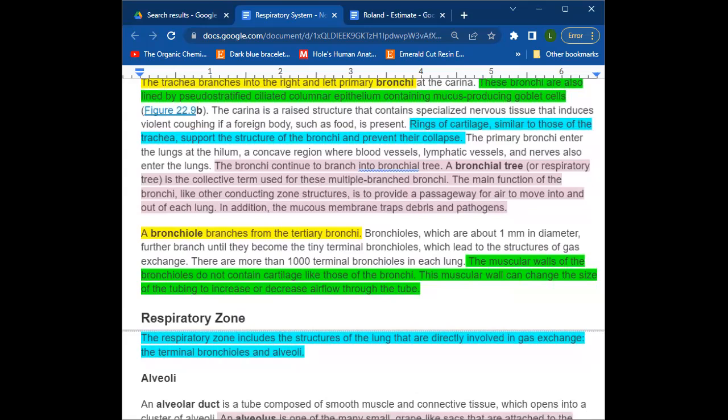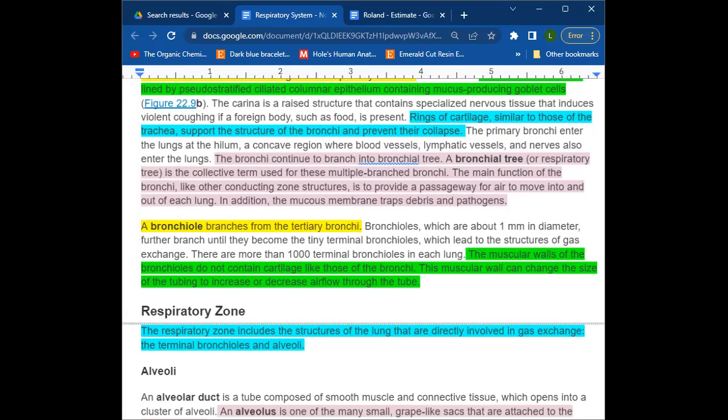So we need to know that the bronchi continue to branch, and they get smaller and smaller until they become bronchioles. What's really important to know about the bronchioles is that they do not contain any cartilage at all. None.